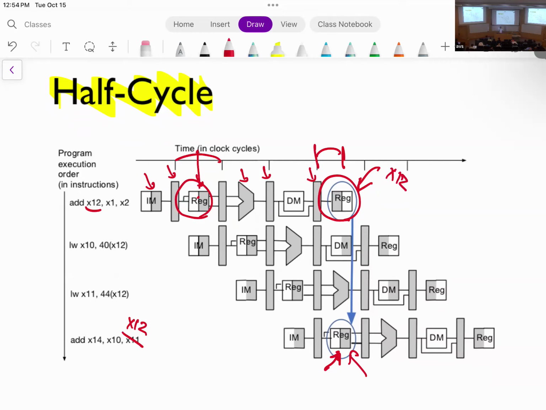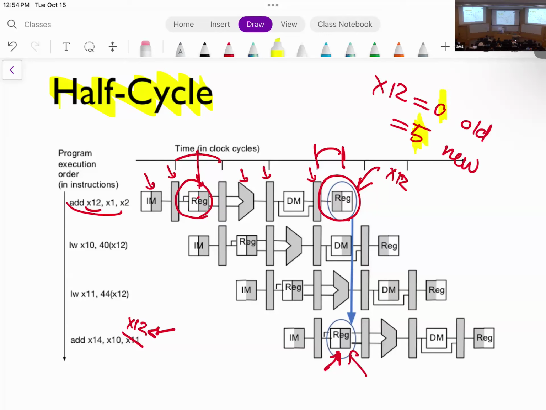Am I going to read the new value, or the old value? Let's say x12 used to be 0, and now after doing this add it is equal to 5. So this is my old value, this is my new value, okay? Now if I'm reading this value here, am I reading 5 or 0?